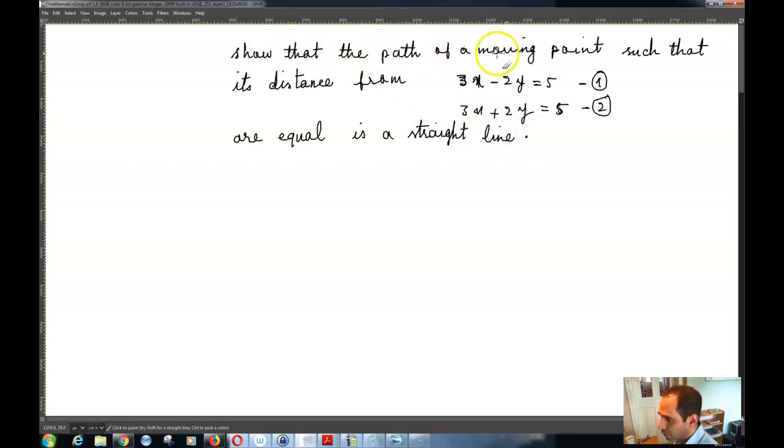So basically you have a moving point, and you want to show the path of this moving point in such a way that its distances from these two lines are equal. That path is a straight line.